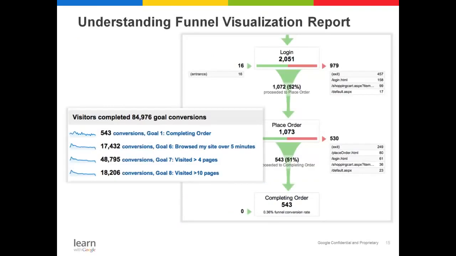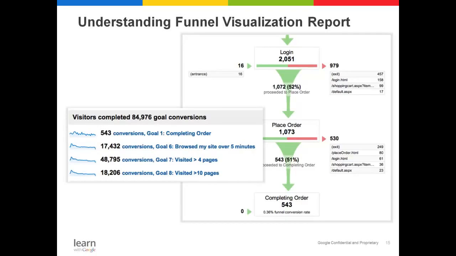You can find the funnel visualization report by clicking into the conversions report in the left-hand navigation menu, then into goals, and finally into funnel visualization. The funnel visualization report provides a graphical representation of the points at which users are entering and exiting your funnel process.